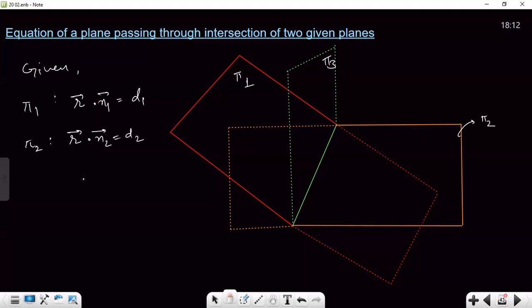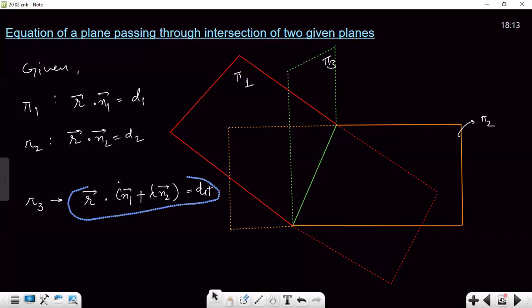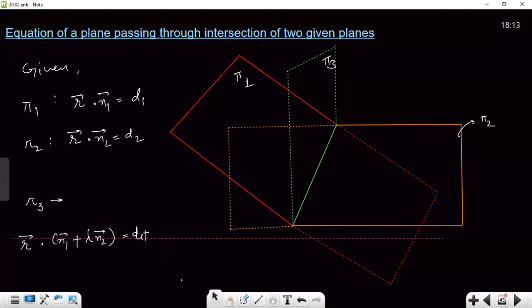So here the topic says pi 3 will have the equation r vector dot n1 vector plus lambda of n2 vector is equal to d1 plus lambda into d2.